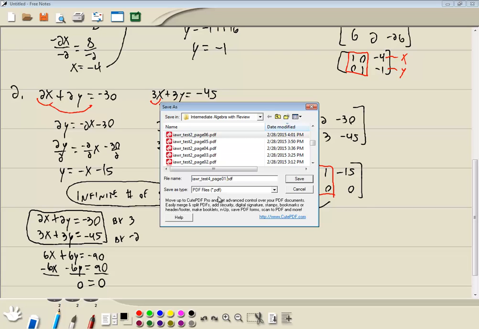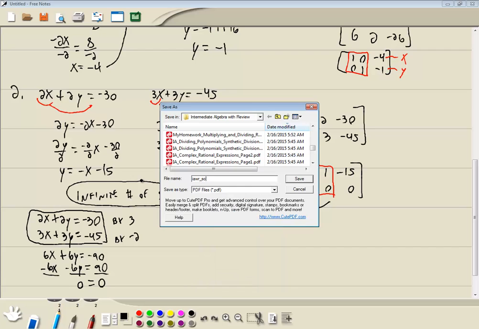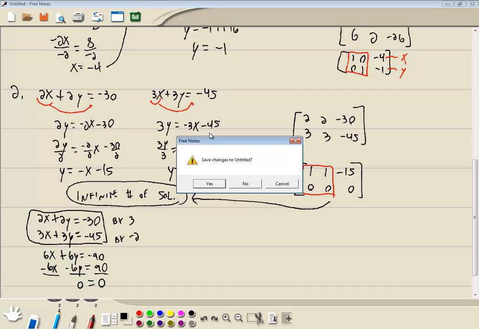This will be page 1. obviously not. Yeah, let me just call it systems equations. IAWR sys of equations. Page 1. Okay, let's start a new page then.